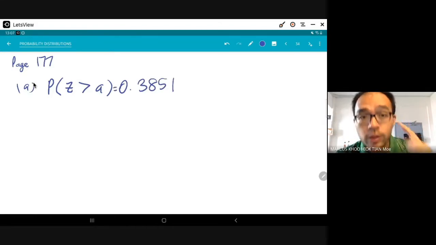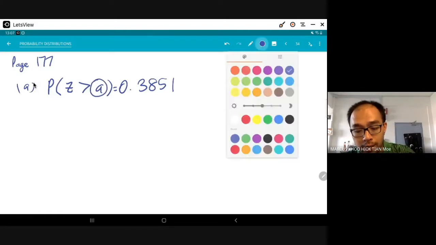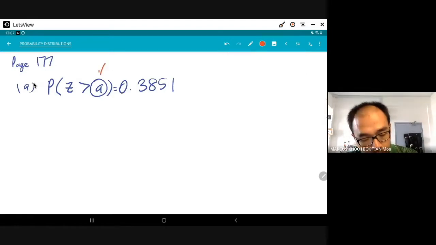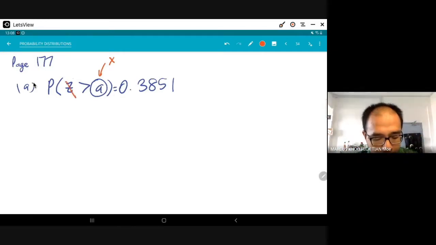So I've given you the probability. Now I want to find this A value, which is the X value. This is the X score. Hold on, this is the Z score. Oh, okay, never mind, sorry. I'm going to convert this question a little bit. X is more than A.